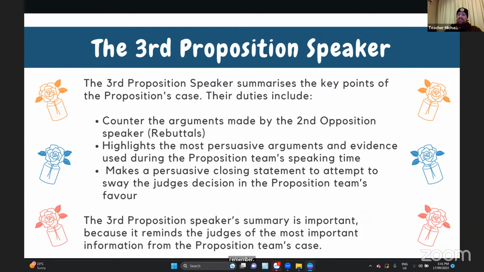And so you give the judges a better chance of remembering the important points your team made, and you give your team the better chance of being declared the winners. And the final responsibility of the third proposition speaker, they need to make a persuasive closing statement to attempt to sway the judge's decision in the proposition team's favor.